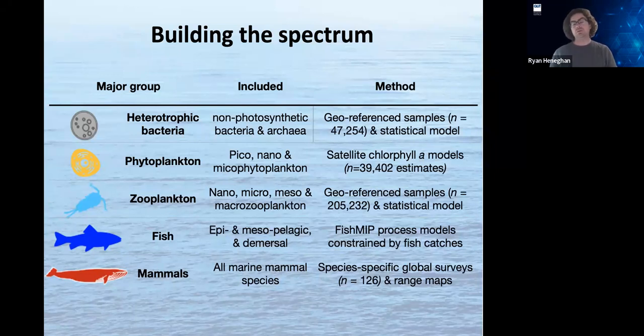We only chose 2 of those, which had been constrained explicitly by fish catches, so we thought they could maybe give us a better estimate. And with mammals, we used survey data and a few statistical approaches to estimate the biomass.